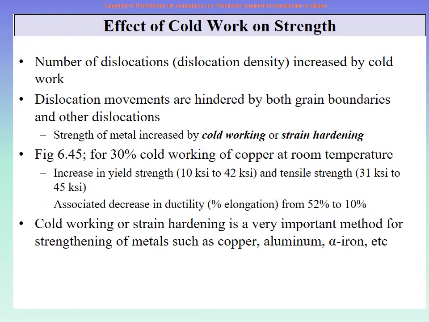So we already talked of the concept of strain hardening, that if you deform a material in the plastic zone, you apply enough load so that the deformation is of a plastic nature, then if you remove the load, some of the deformation will still remain, not like in the elastic region where all the deformation will be gone. So if you load something in the plastic region, then offload it, remove the load, and then reload it, then we explained to you that the material's hardness and strength will be increased, right?